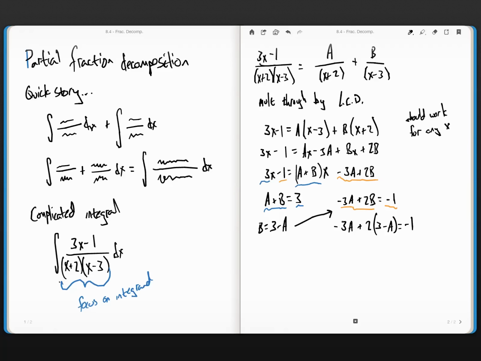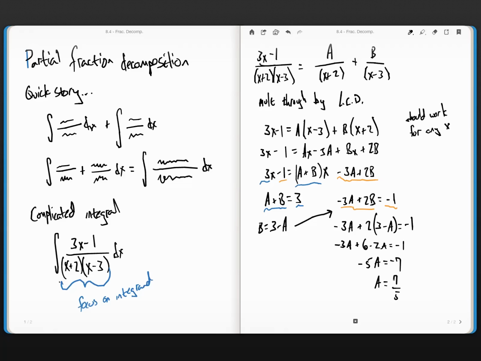Then I can simplify this, and I get negative 3a plus 6 minus 2a equals negative 1, and then this combines to be negative 5a equals, subtract 6 over there, negative 7. So a equals 7/5.